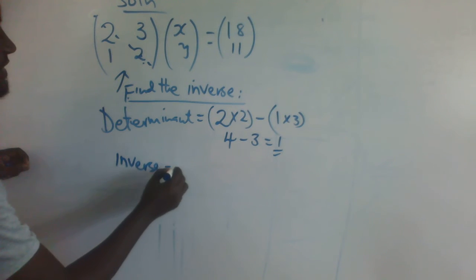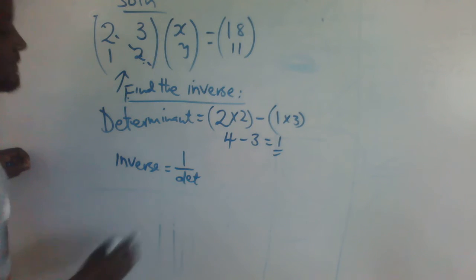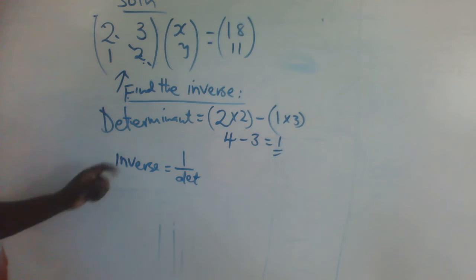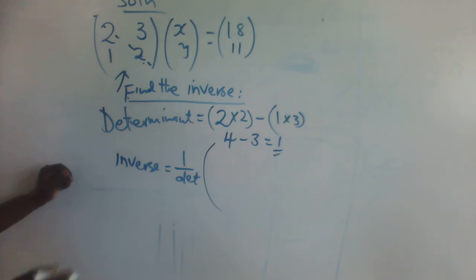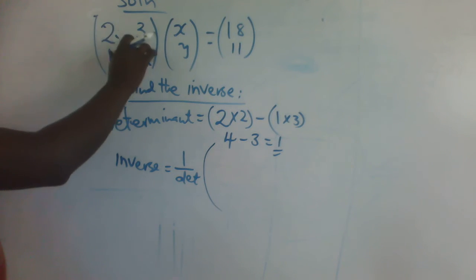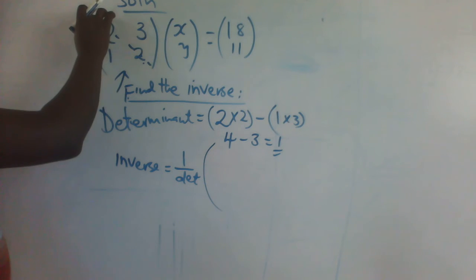It is given by 1 over the determinant times the matrix where you interchange the elements in the principal diagonal.